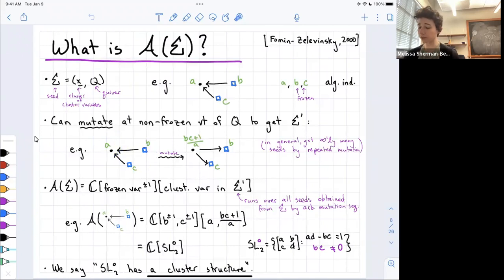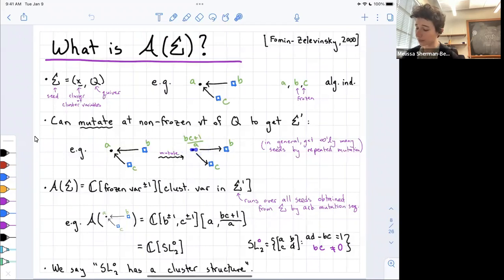What mutation will do is change the quiver a little bit around wherever you mutated in an algorithmic way. I'm not going to go through it now, but it's completely determined. And it will also change the cluster: it will just replace whatever cluster variable was sitting where you mutated with a new one. So since I mutated at A, in my mutated seed, I'm going to get a new cluster variable sitting here.